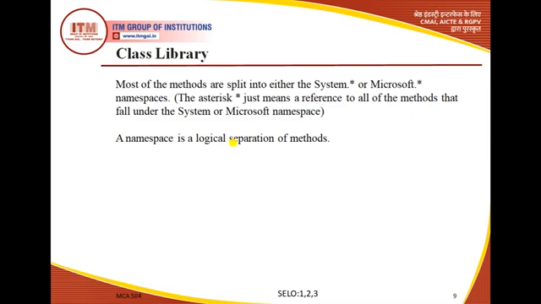So we can say that a namespace is a logical separation of methods. What is a namespace? A namespace is a logical separation of methods. System is a namespace over here, and it specifies the logical separation of methods. Different methods can be used using this namespace, and we can simply mention it at the starting of the program.